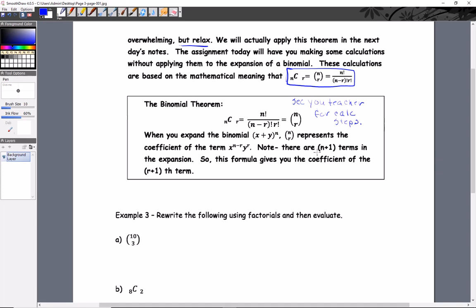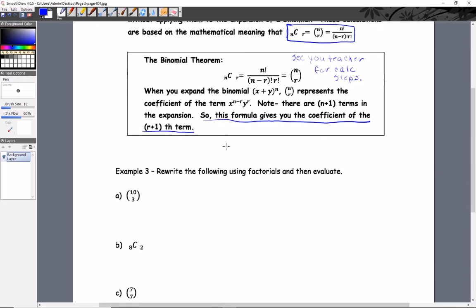And then at the end, you'll end up with an x to the 0 power. So you're always going to have one term more than the exponent on your binomial expansion. So there'll be n plus 1 terms in the expansion. So this formula gives you the coefficient of the r plus 1st term. So you'll see it as we develop it.